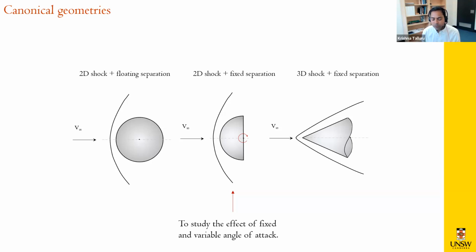We also believe that these are canonical geometries. There may be a possibility that we can develop lower order models, like proper orthogonal decomposition modes or SPOD modes, that we could use to understand any other complex geometry.